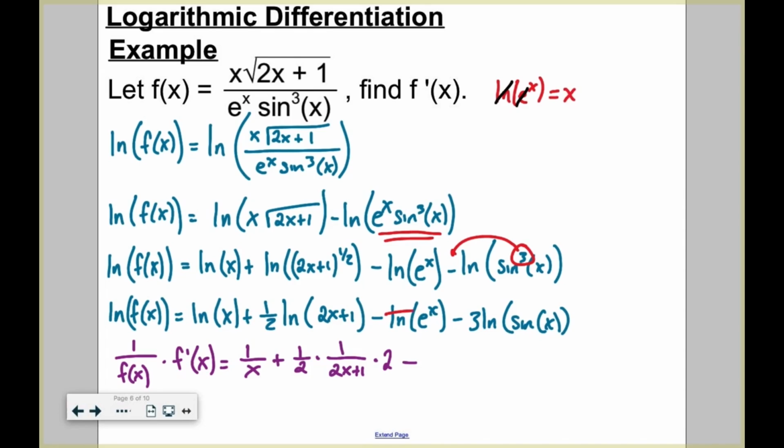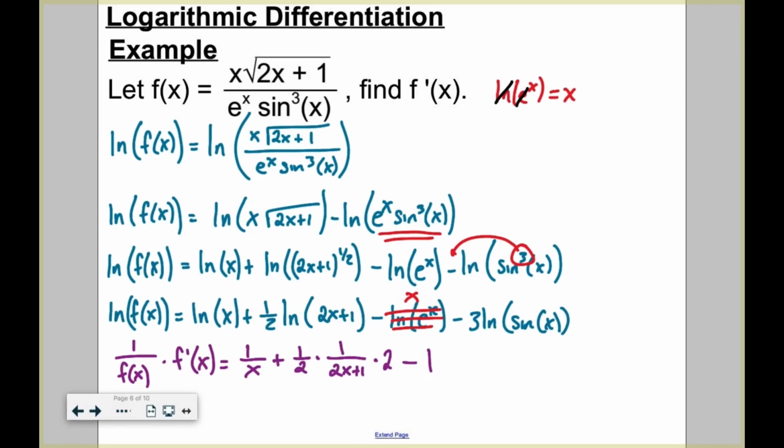So really, we can rewrite this term as just being x. Now, what's the derivative of x? Well, the derivative of x is just 1. And again, if you would take the derivative of natural log of e to the x like normal, you would still end up with 1. So even if you don't necessarily recognize right away that they're inverse functions, you'll still get the correct answer, assuming you do the problem correctly.